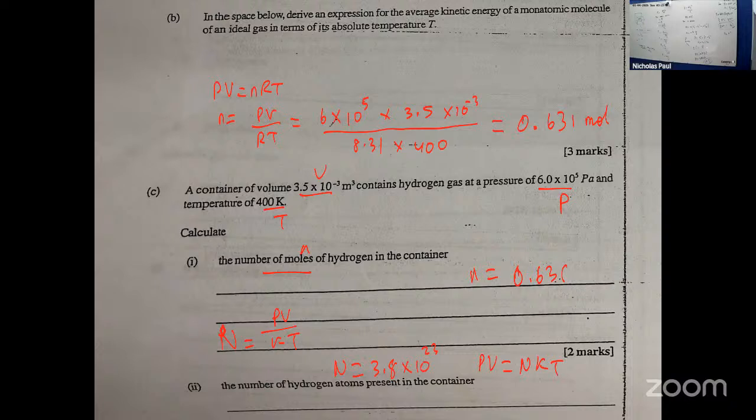You all might like this part, but the question said atoms. Remember hydrogen exists as what? H2. So to get the number of atoms, what do you do? Multiply by 2. Remember it's H2.